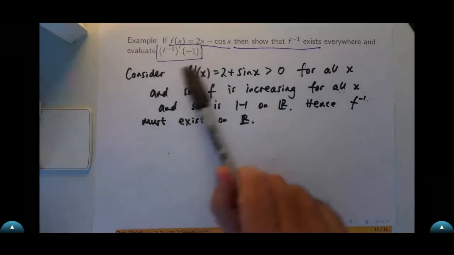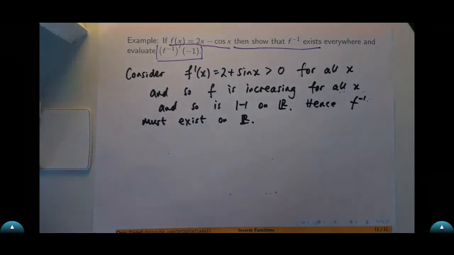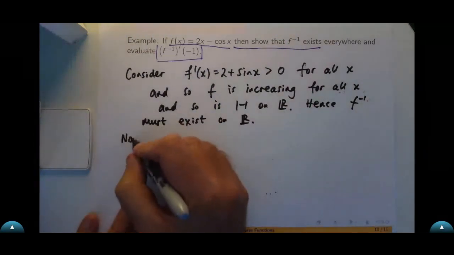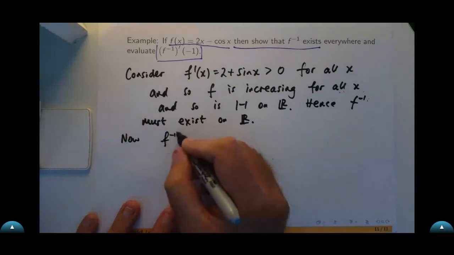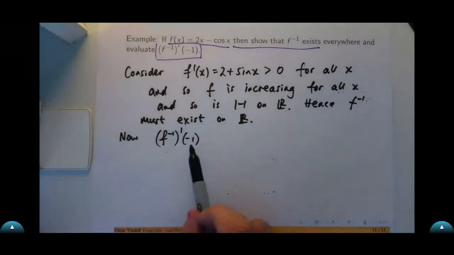Now, what about this thing? This thing is harder than it looks, and it's a little bit of algebraic manipulation. Okay, so let's see what we can do. So the derivative of the inverse at -1.